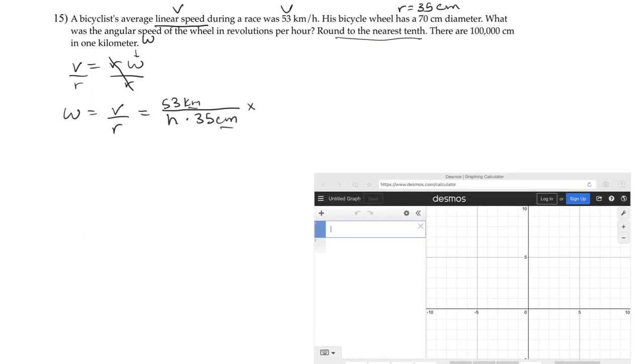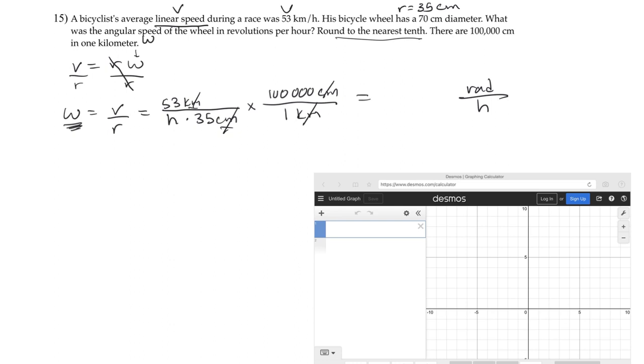So I'm going to multiply here, and they say 100,000 centimeters is the same as 1 kilometer. Okay, so centimeters cancel, so do kilometers. So the answer I'm going to get will be in radians per hour. So anytime you're solving for an angular velocity, it always comes out in radians per given time.